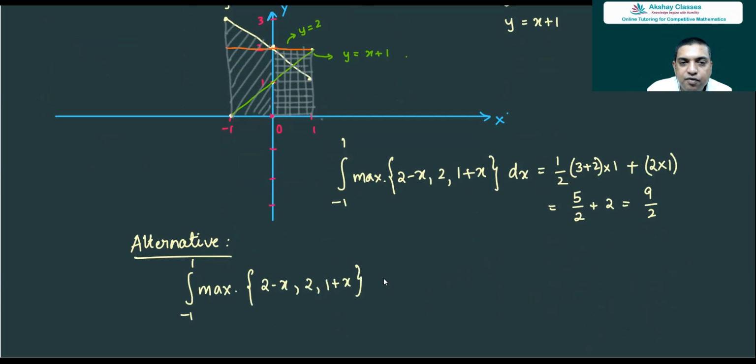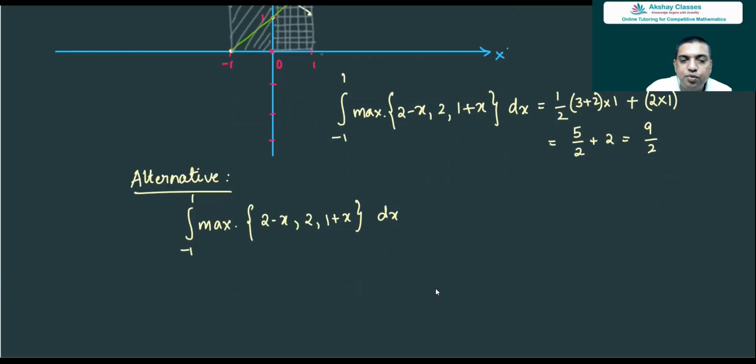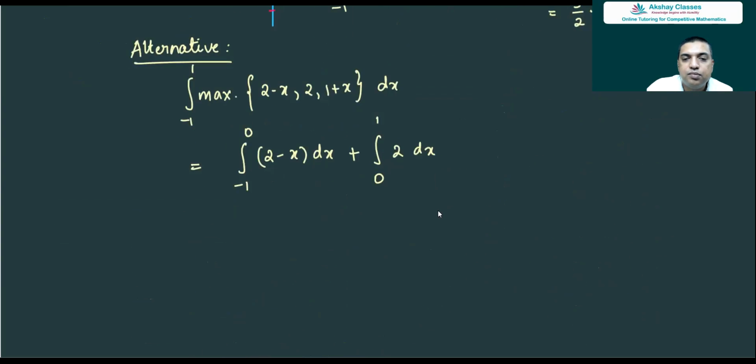Of course, we'll have to look at the graph and then do it. From the graph, we get between -1 and 0, this 2 minus x is the largest function. And between 0 and 1, 2 is the largest function. So we split this integral into -1 to 0 and 0 to 1.